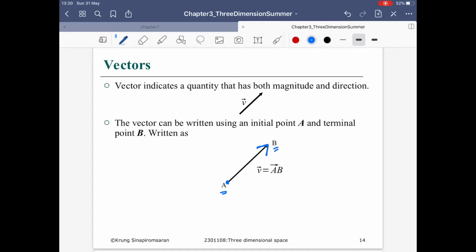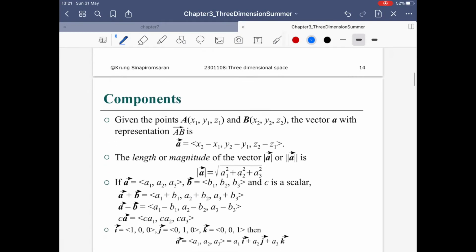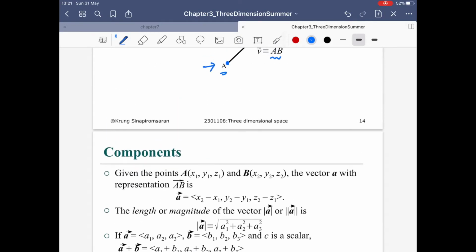Usually if we talk about vector AB like this, it already indicates the initial and the terminal point. Usually if we have 2 points, A which is (x1, y1, z1) and B which is (x2, y2, z2), we indicate the points by parentheses like this.